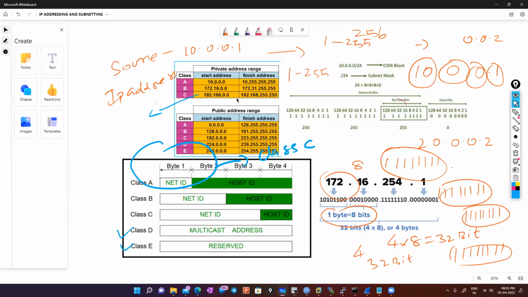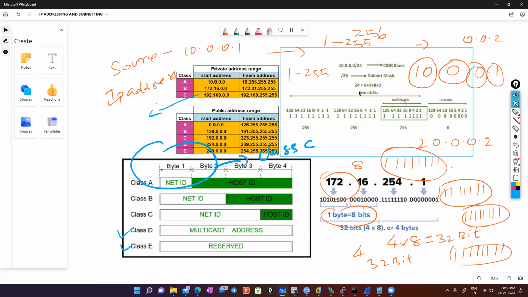And we have a separate topic called NAT. We will discuss more about NATing in the upcoming classes. But for your understanding, just look at what is IP addressing, what are the different categories of IP addressing. We've got three different classes: class A, class B, and class C. And by looking at the ranges, you can distinguish class A, class B, and class C.